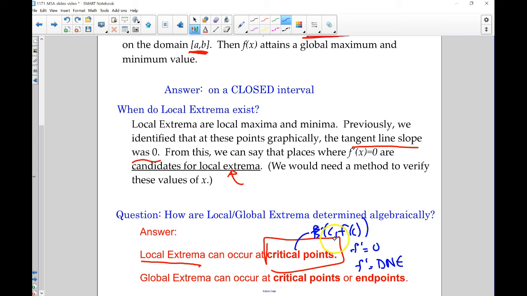So critical points would give us where the tangent line slope was 0. That would be a good starting place. For global extrema, certainly critical points would be a good place to look. We might also need to look at endpoints as well. And in another video, when we discuss the first derivative test, this is going to encapsulate this entire process.